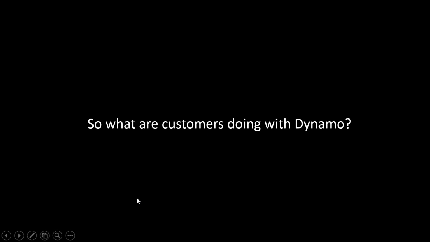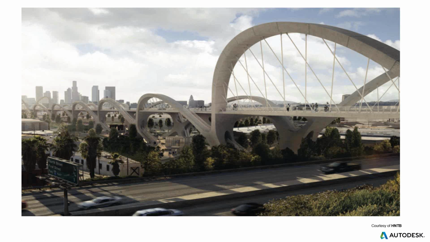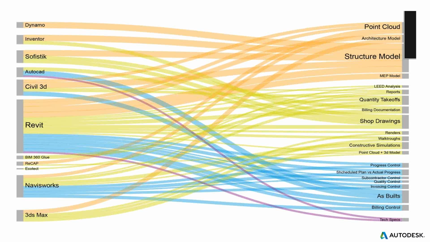So we see a lot of work with customers using Dynamo now. A lot of high-end architects and engineers all around the world are using this, and a lot of other firms as well that might not be doing as much curvy geometry are using it too. So that's just one quick example of using it for architecture, also for things like bridges. We've seen a lot of interest in using Dynamo for connecting the dots between different applications.